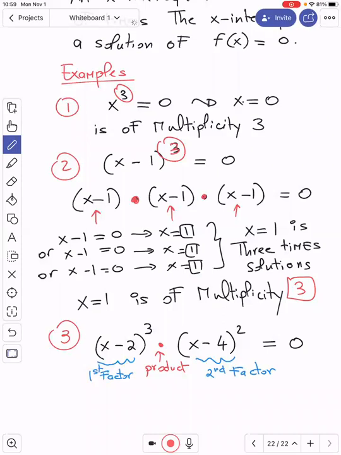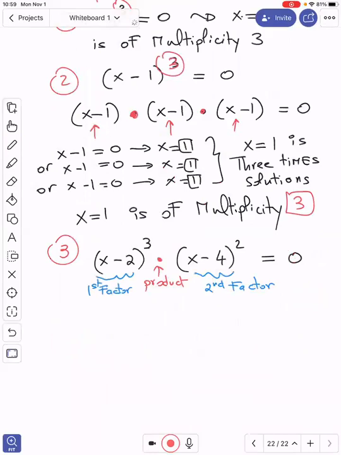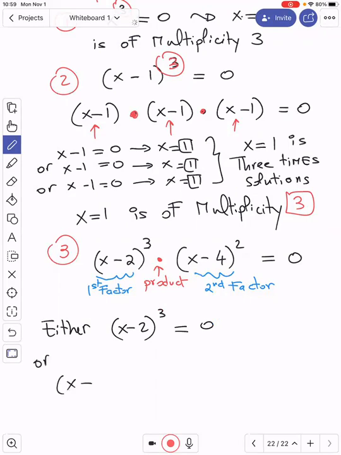So either the first factor, (x minus 2) cubed, is 0, or the second factor, x minus 4, is 0.